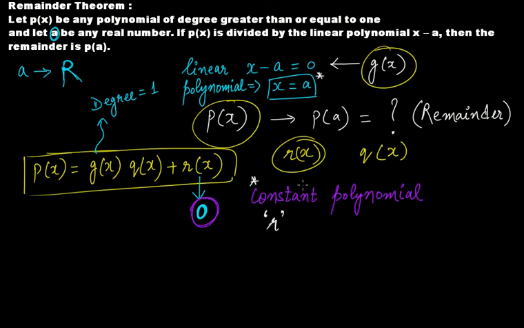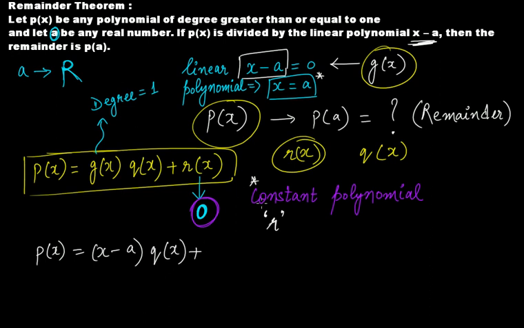Now, if a is the 0 of this polynomial, we write it like this: x minus a. So P(x) is equal to g(x), which is x minus a, the linear polynomial we have taken here, times Q(x) plus R(x). As we have seen, in the case of a linear divisor the remainder will always be a constant polynomial. Let's say our remainder is a number r.